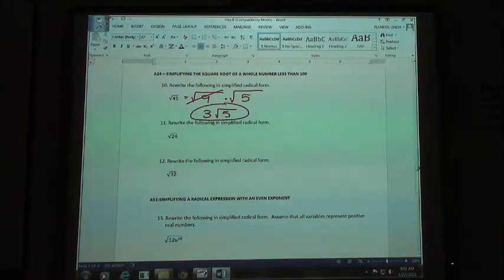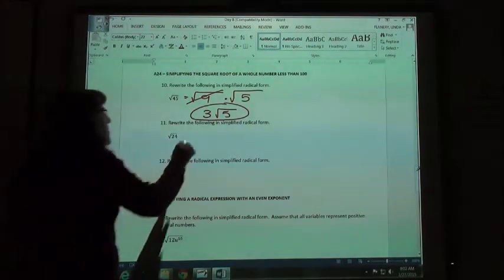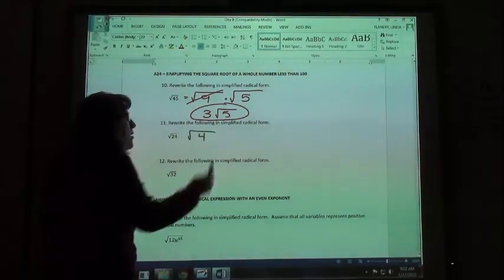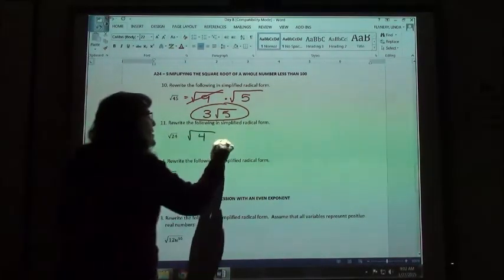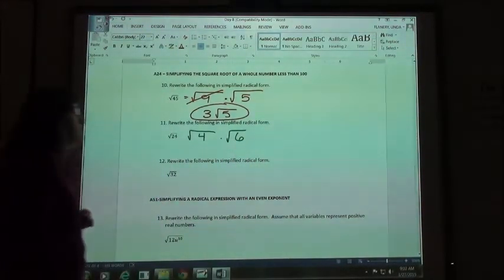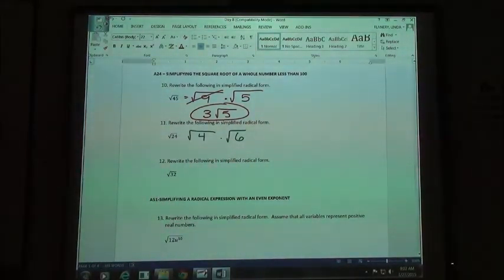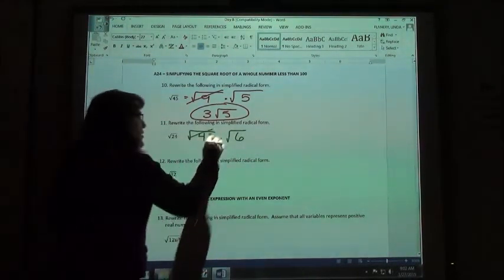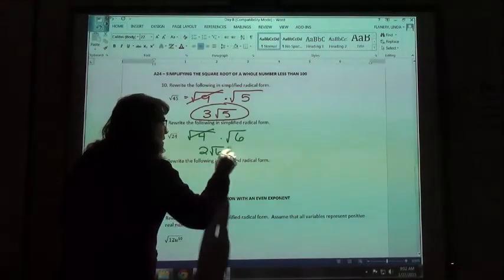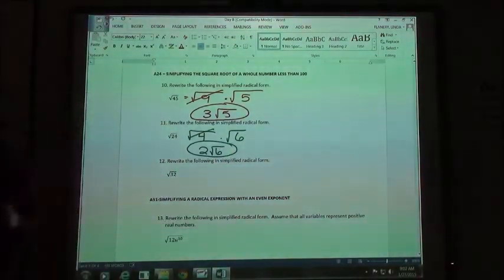It's going to be 4 and 6 because 4 times 6 is 24. So the square root of 4, that's my perfect square, times the square root of 6. And then I'm going to simplify the square root of 4. The square root of 4 is 2. So the 2 goes in front, and the square root of 6 is behind it. 2 times the square root of 6.